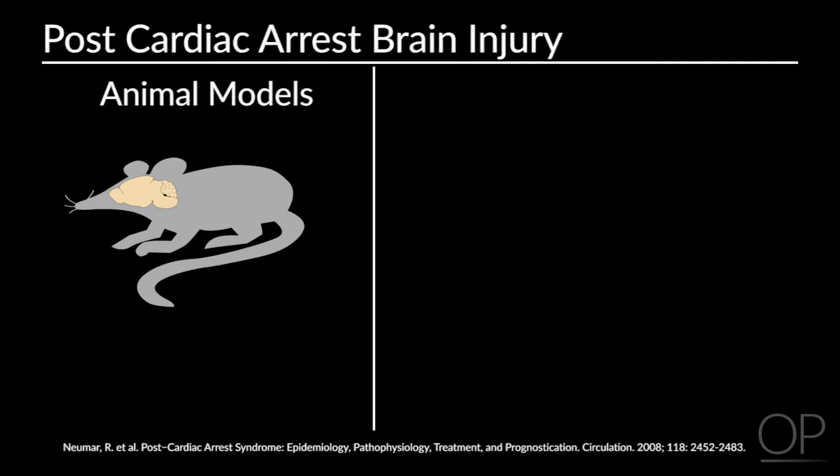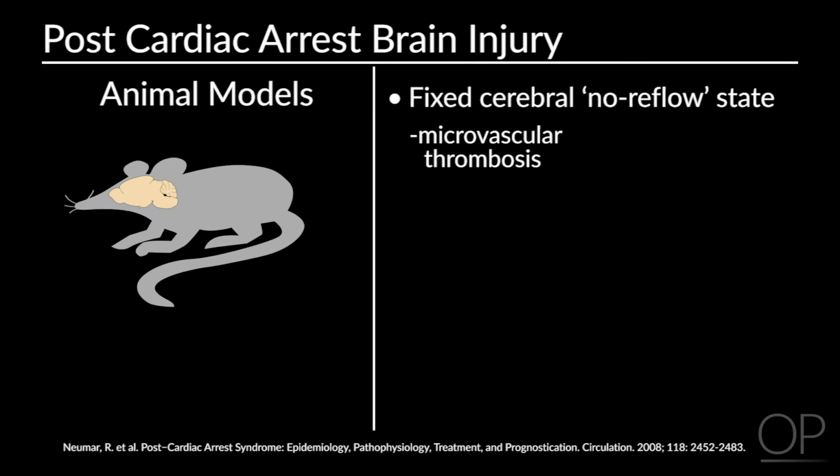Well, immediately after the cardiac arrest itself, especially when we're dealing with prolonged cardiac arrests in the animal models of at least 15 minutes, we see a fixed cerebral no reflow state. Basically, there ends up being microvascular thrombosis that evolves within the cerebral microvascular bed during cardiac arrest, and that results in cerebral microinfarction, diffuse areas of stroke.